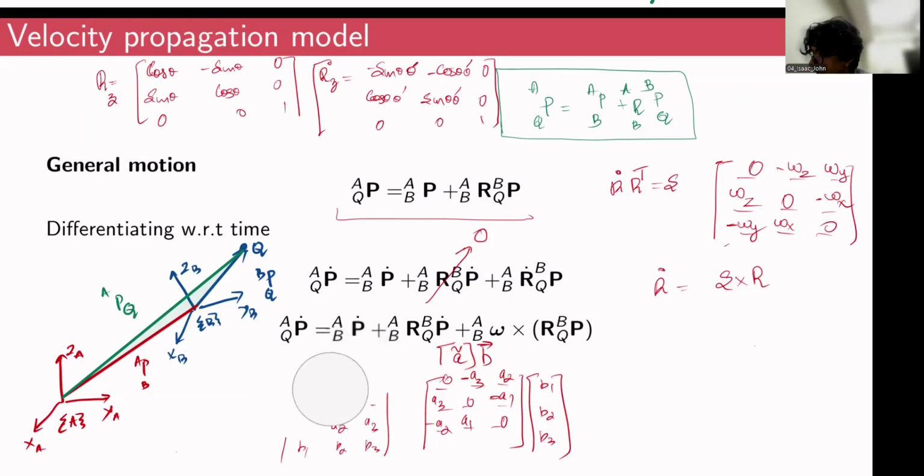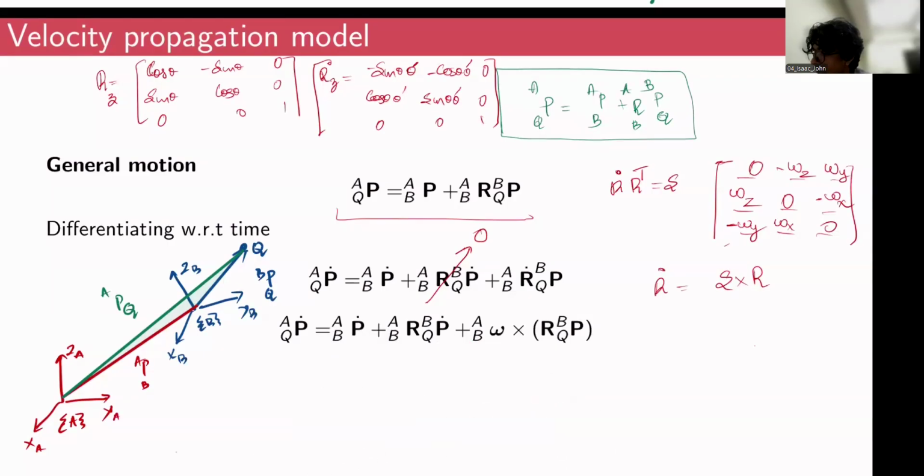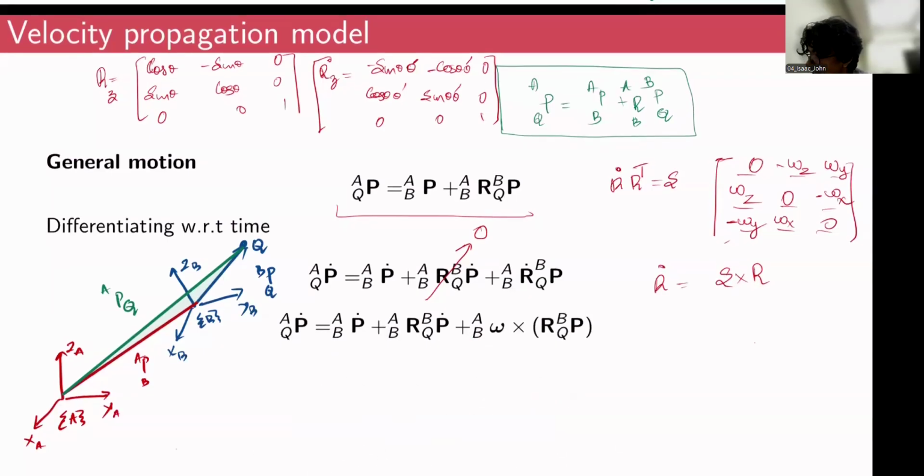So in that regard, you can replace this derivative R dot with respect to time using this notation.